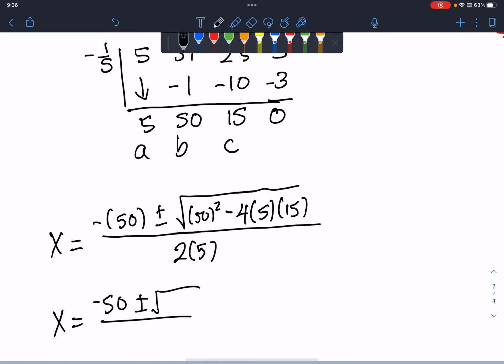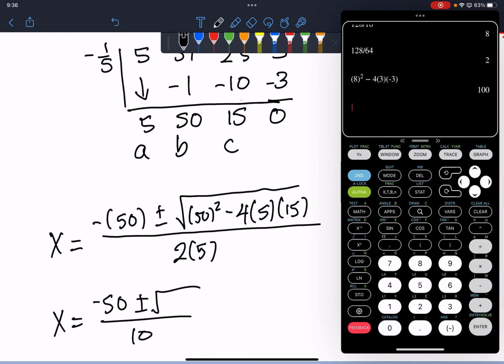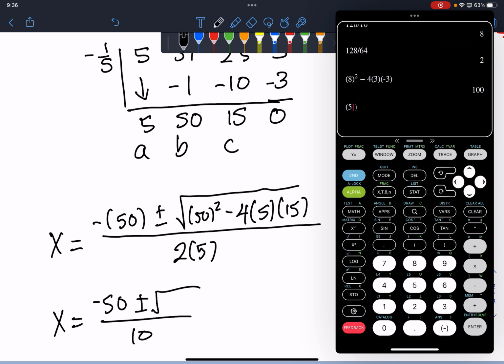Divided by 10. Now let's see what this equals. So 50 squared minus 4 times 5 times 15.